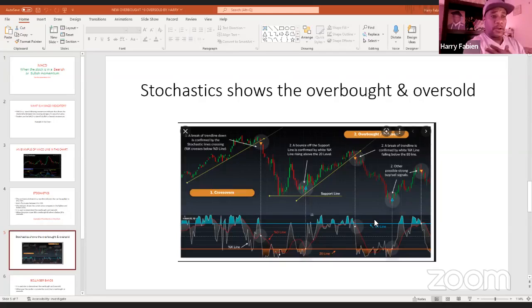So whenever these two lines go over 80, it's overbought. Whenever these two lines go below 20, it's oversold.